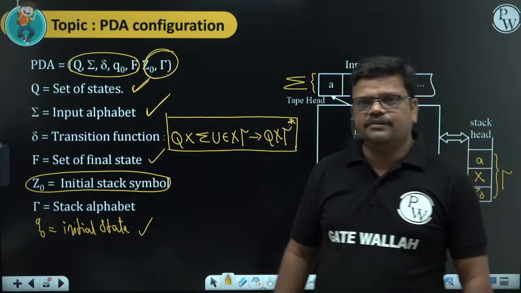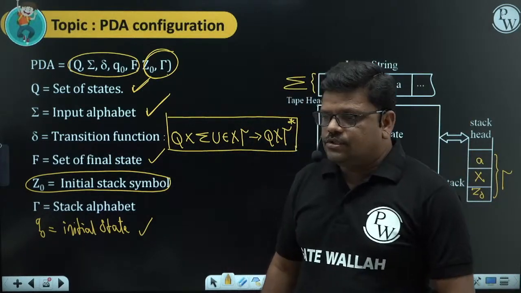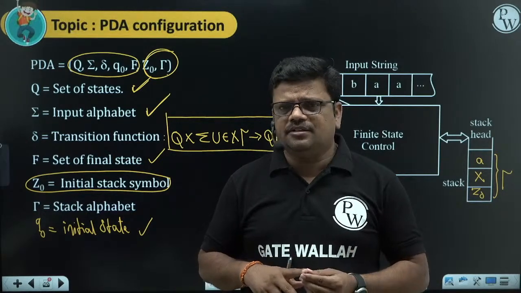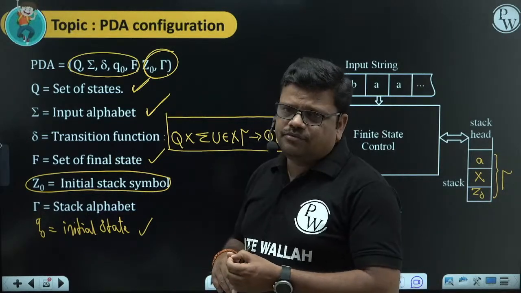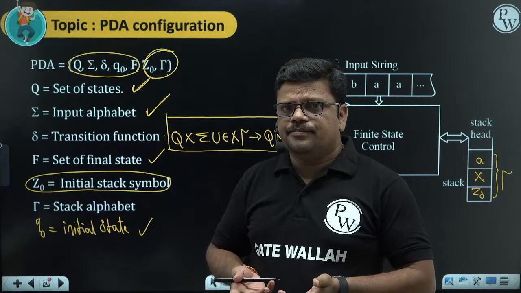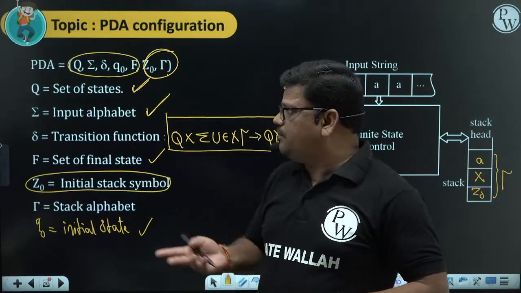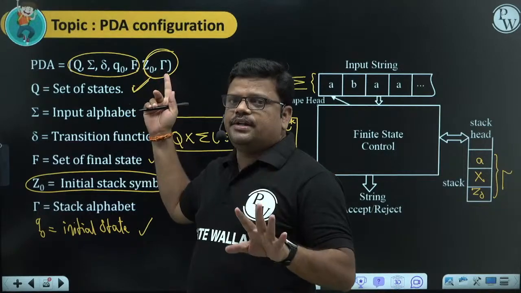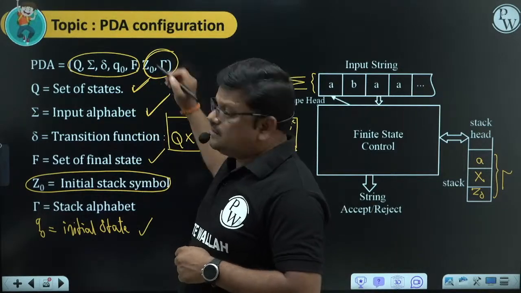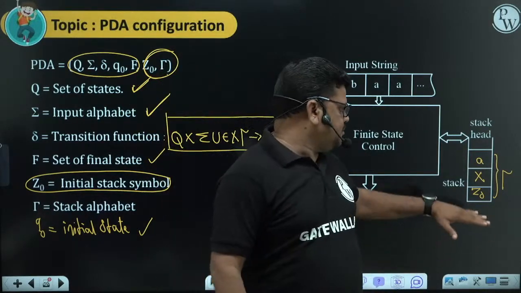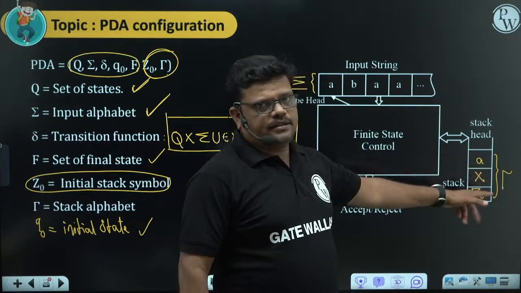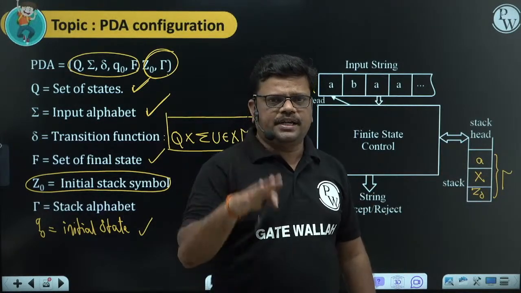So these are the 7 things. Here, for the formal definition of PDA, if any students are confused, it is very easy. Finite automata formal definition has 5 things that are known to us, plus 2 additional things: Z0, the initial stack symbol, and the stack alphabet, the symbols we are pushing and popping in the stack.